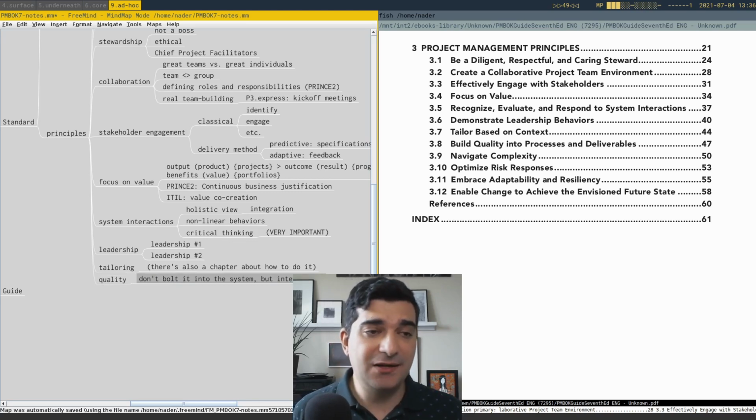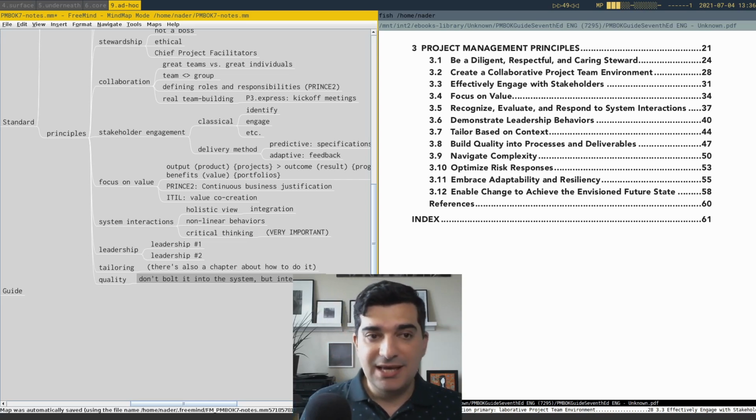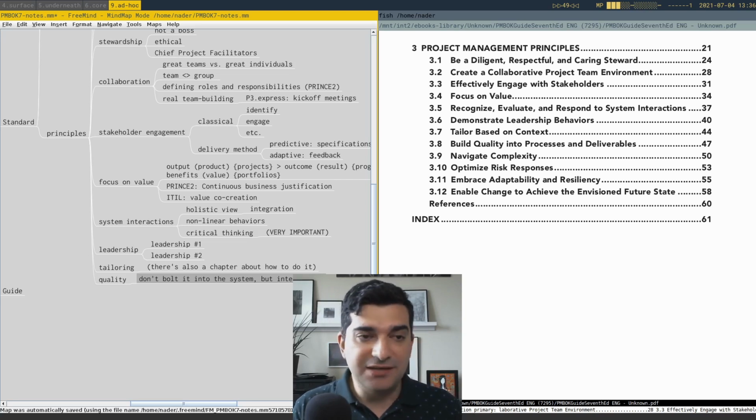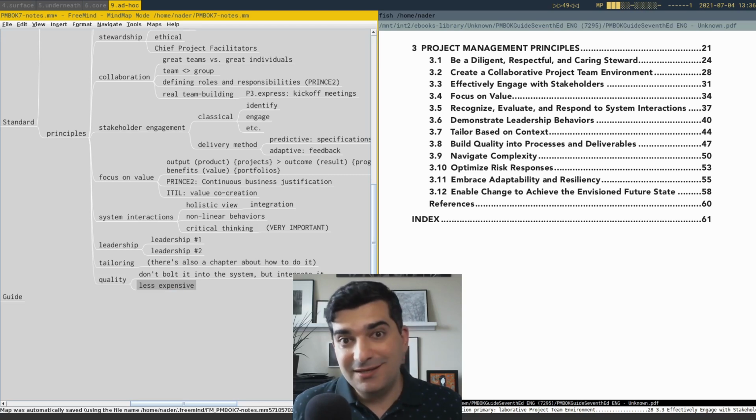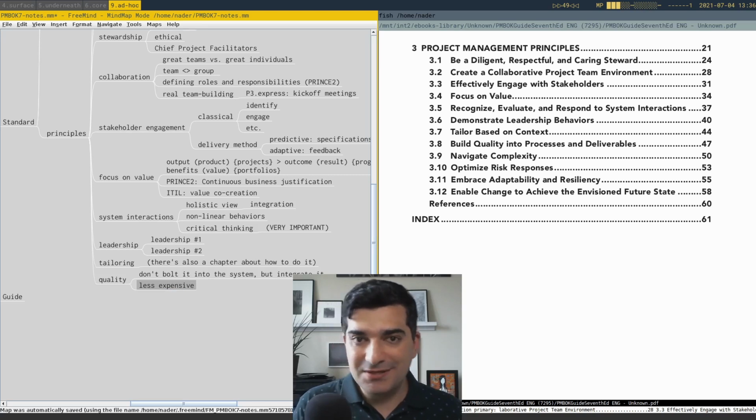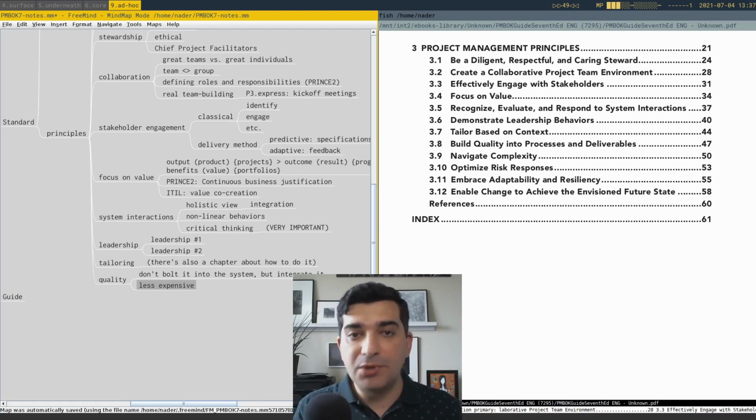Also, I see a lot of people who think that having a proper quality management system is expensive. But the fact is that it's only expensive if you don't do it properly. If you do it properly, it is less expensive. And when is it more expensive and not appropriate? When you've not tailored it properly. The same thing happens for the whole project management system.